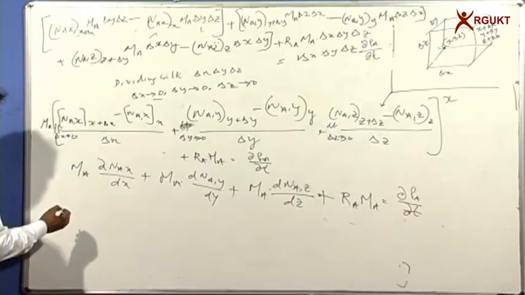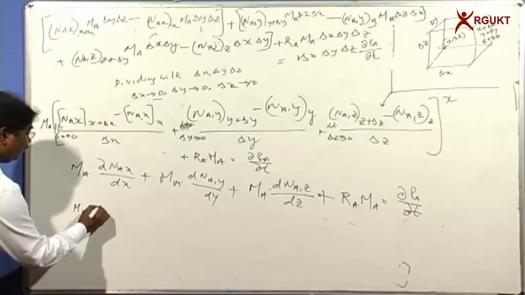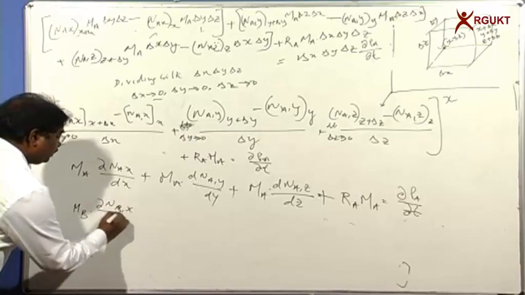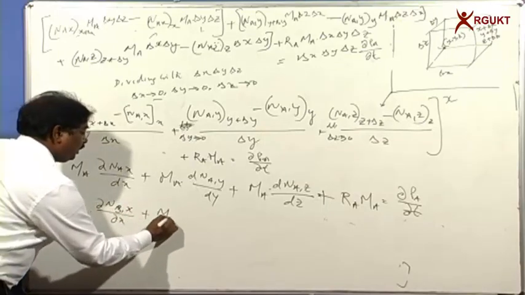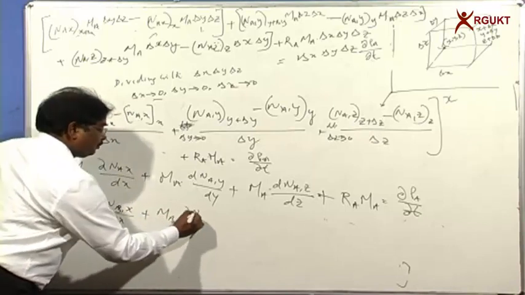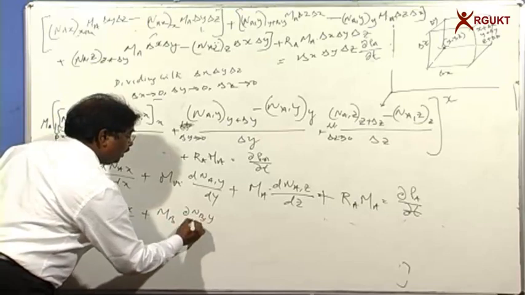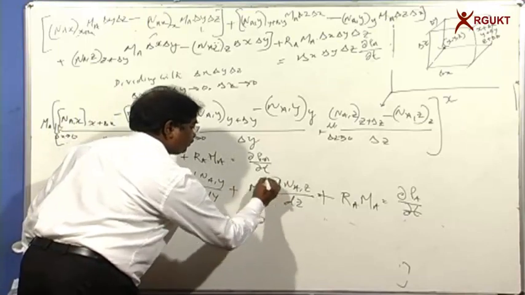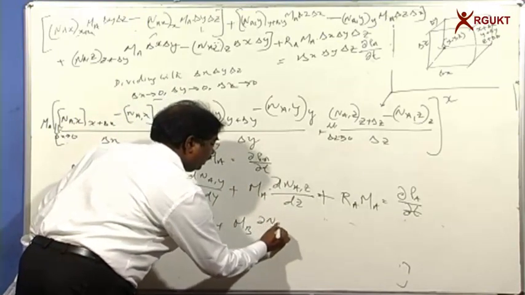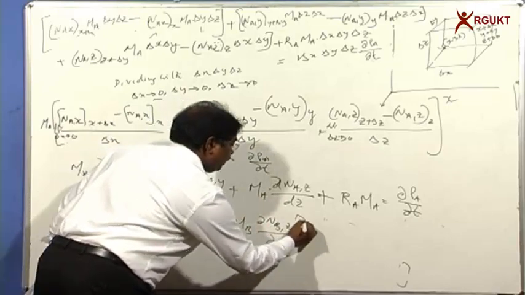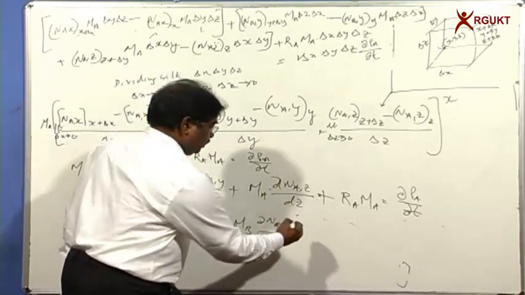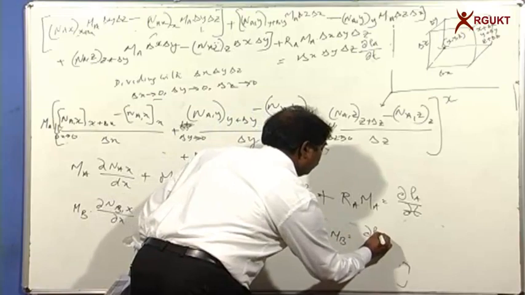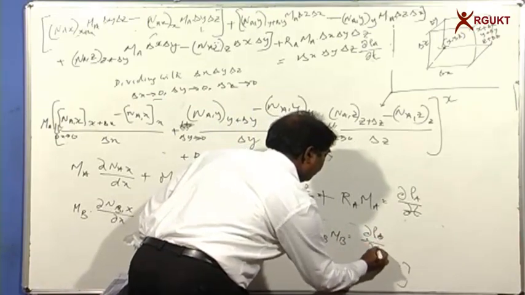Similarly, for component B, one can write it as MB dou NBx by dou x, MB dou NBy by dou y, MB dou NBz divided by dou z plus RB into MB is equal to dou rho B by dou t.